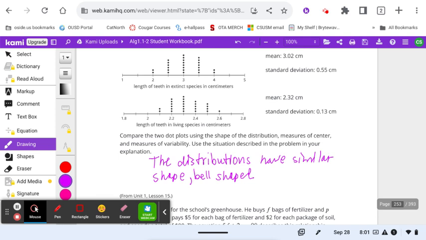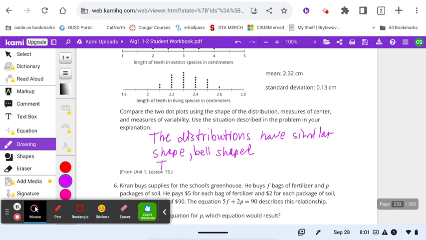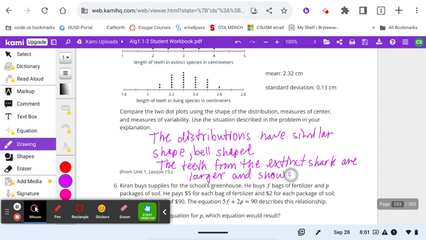And then we could also say something like the teeth from the extinct shark are larger and show more variability than the teeth from the current living one.